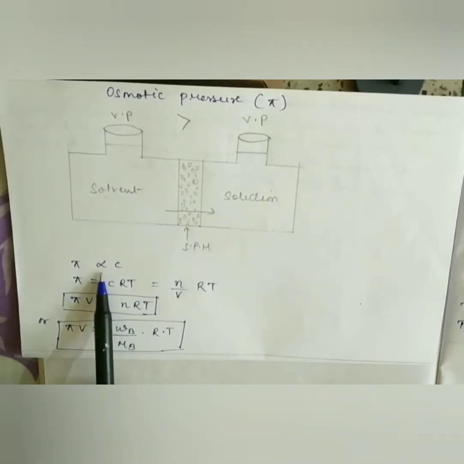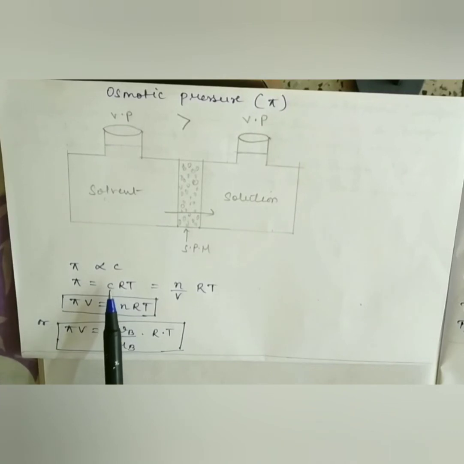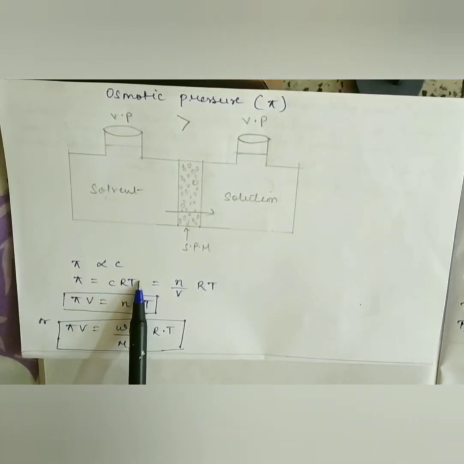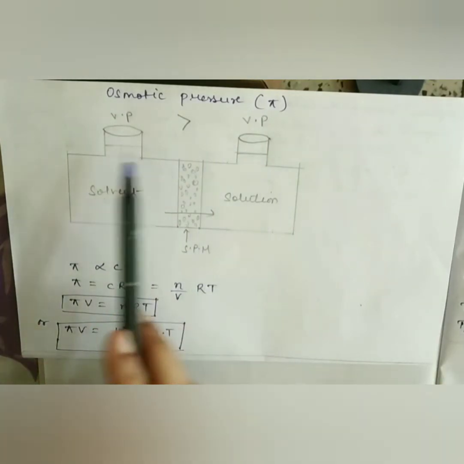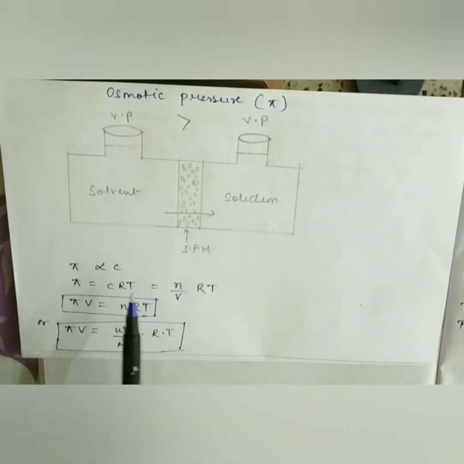So pi is equal to CRT. In order to remove the proportionality sign and equalize this equation, we bring a constant. Here the constants are the gas constant and the temperature, since osmotic pressure is measured at a particular temperature and it varies as the temperature changes. So while we are talking about osmotic pressure, temperature has to be kept constant.